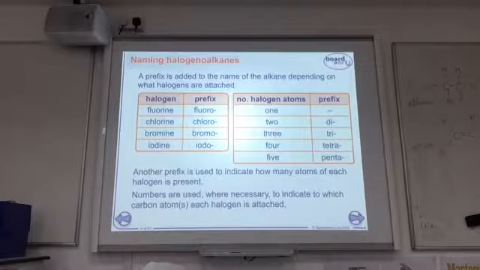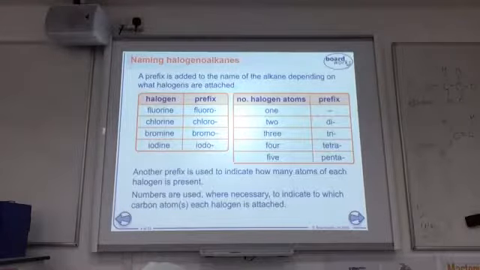And usually, folks, if you've got more than one type of halogen, normally we put it in alphabetical order. So bromo would come before chloro, but chloro would come before fluoro. That would be my normal rule, okay?